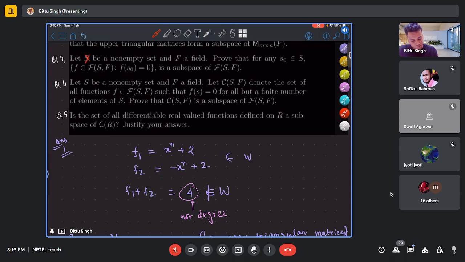Instead of S, let us use the notation X because it is more familiar. So we are taking functions from X to F. This notation denotes all functions from X to F: X to real numbers, X to some complex numbers. This is the function space, all functions from X to that field.